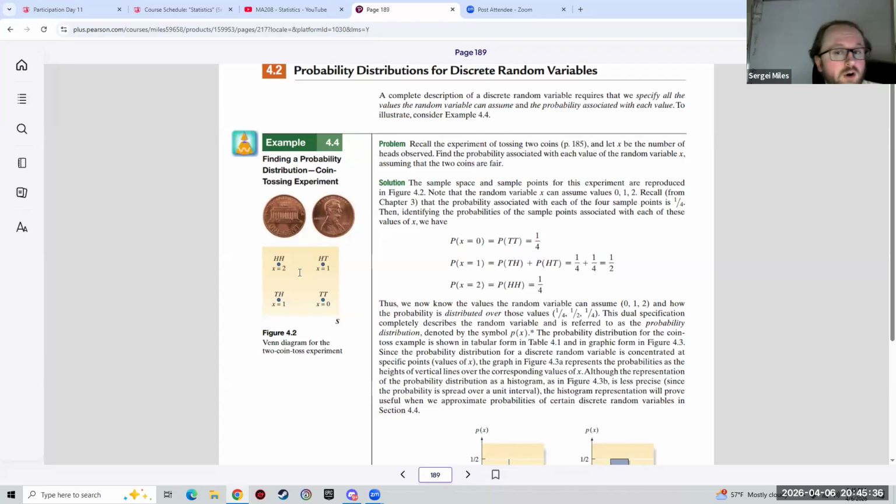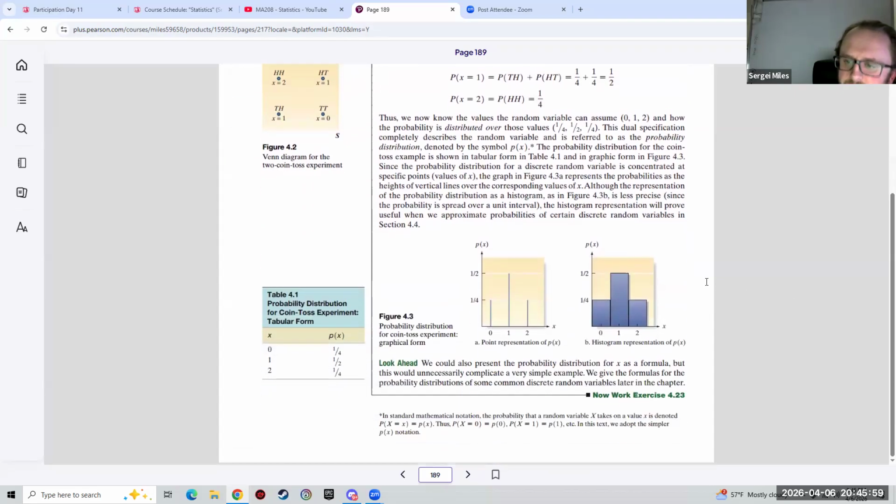Sample points are not always equally likely, like if it's a weighted die, or if it's a coin which has been bent in some way so that it favors one side or another, then it might not be equally likely outcomes. But if it's a fair coin, a 50-50 shot, then yeah, it's going to be equally likely for any possible outcome here.